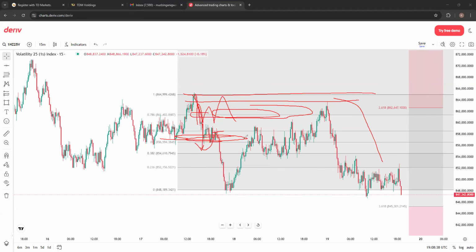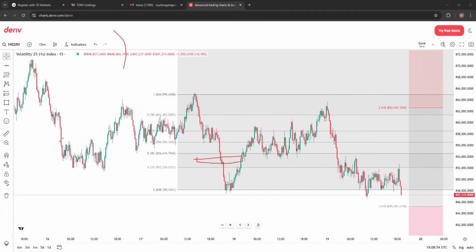And even when price came, it didn't do anything, just gave a small reaction, then utilized the one that was actually responsible for this whole move. So Fibonacci is very important. A fib is very important. It won't ever let you down.